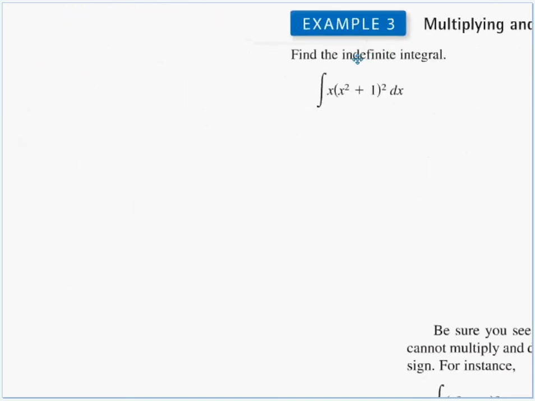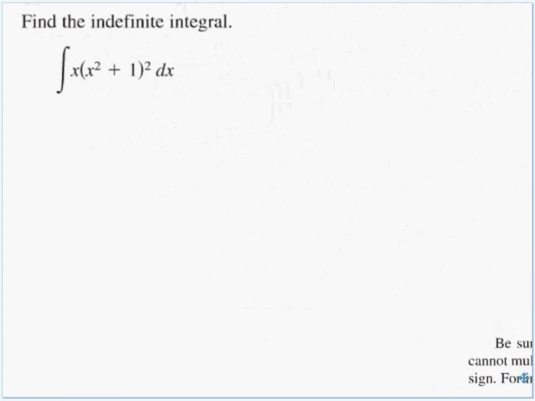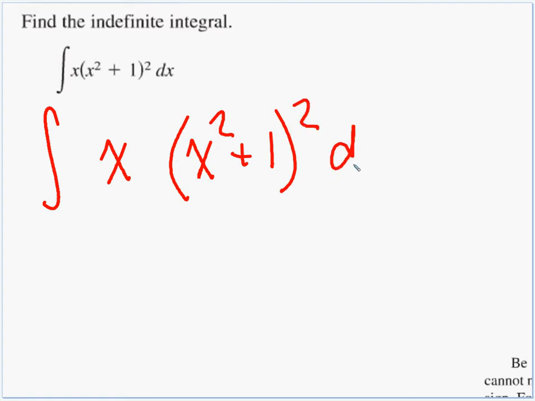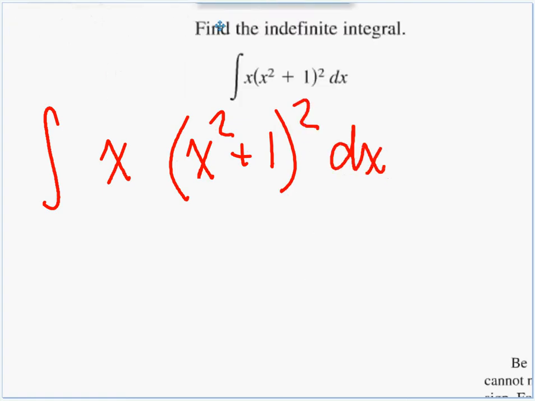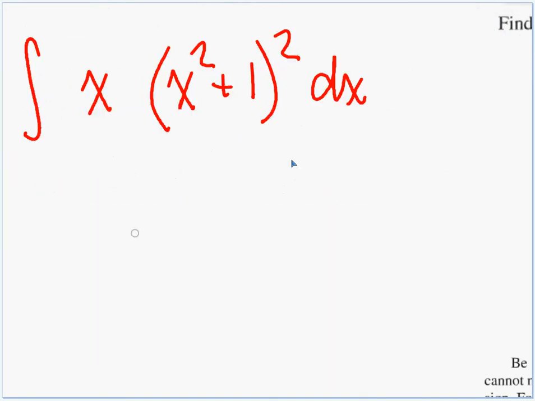Let me make this a little bit bigger, and I'm going to copy the problem down so I can scribble around on it a little better. We are going to antiderive x times quantity x squared plus 1, quantity squared, dx. If we start looking for an inner function and its derivative, we can usually try the parentheses.